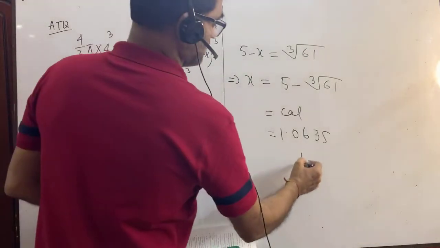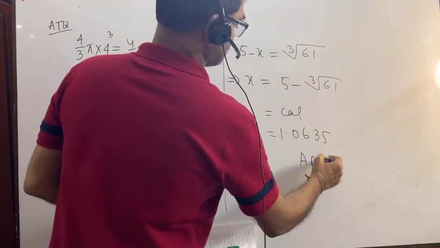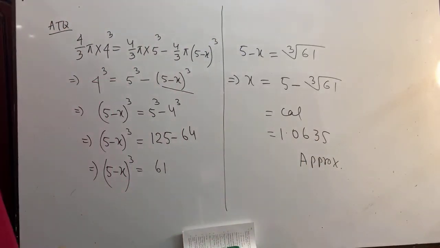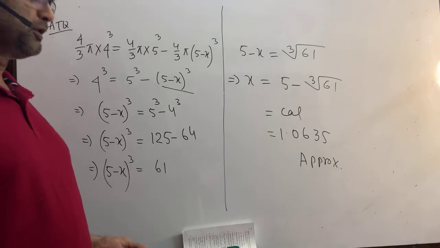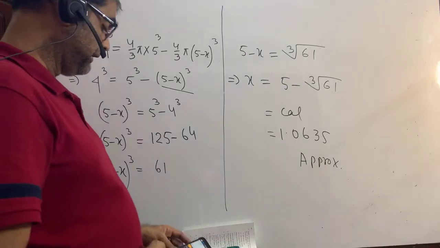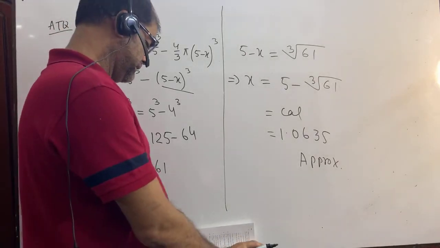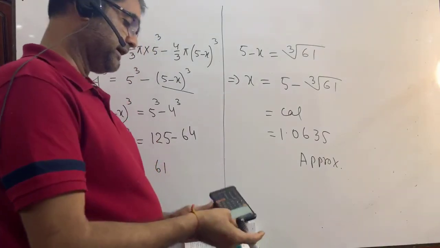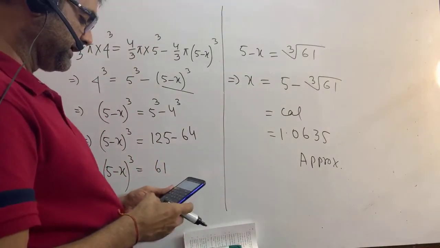Okay, so the thickness of the hollow sphere we have got is 1.0635 centimeter approximately, right? Now I am going to do another math that's a little bit lengthy, but I am trying my level best to make it easy.